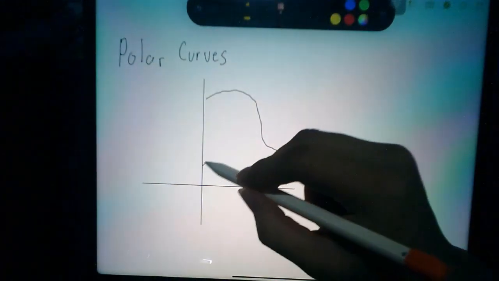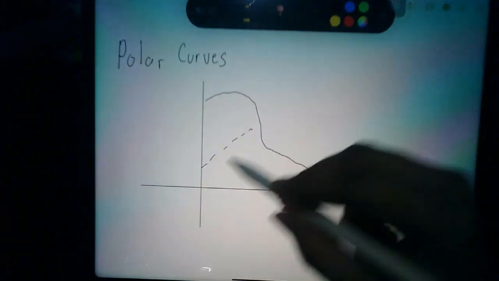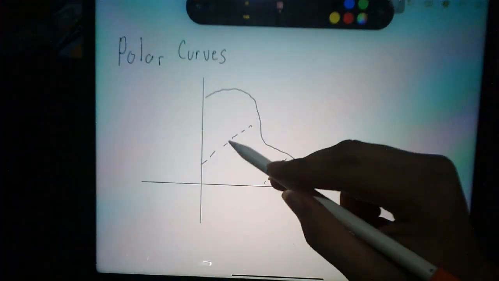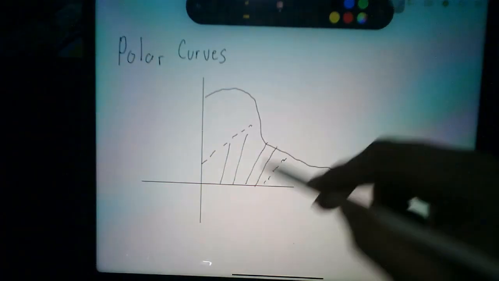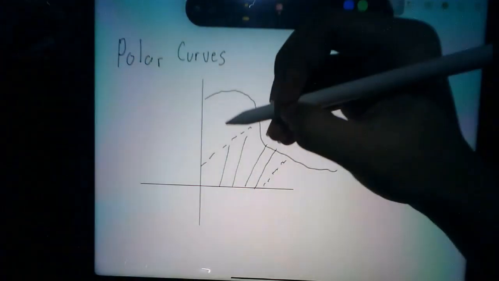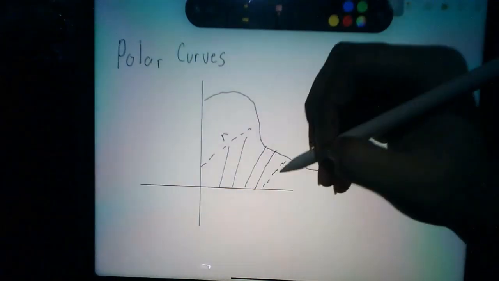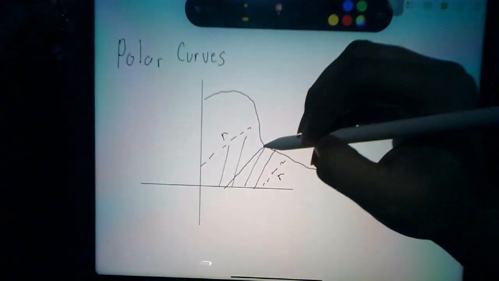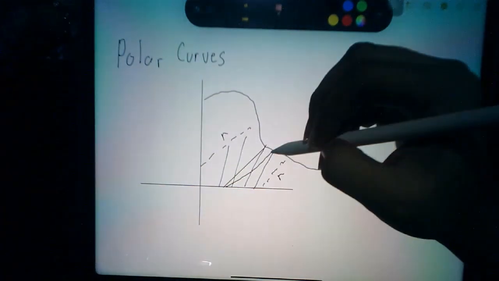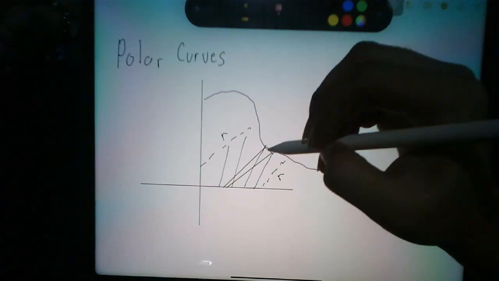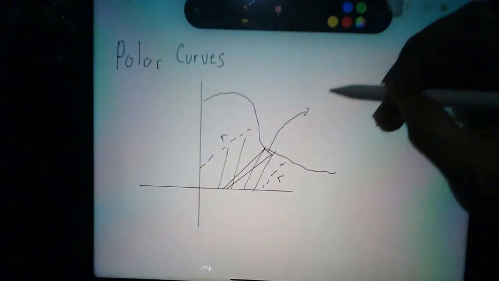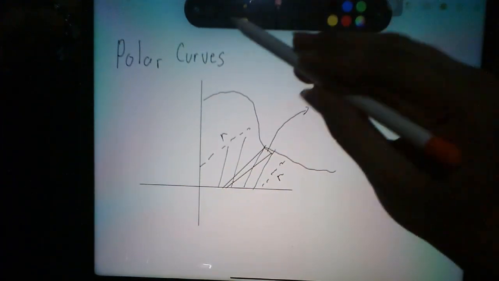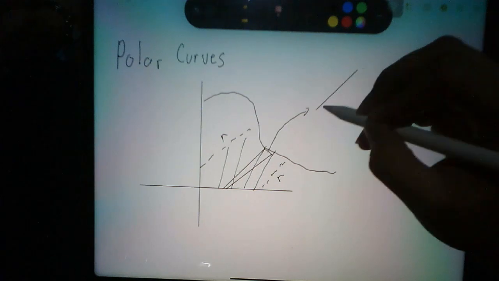So if this is our line here, this is the area of interest, and the line bounded here is equals to r, and also this is equals to r, and the strip here looks like this.